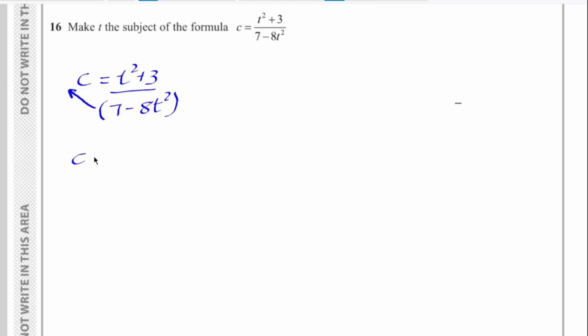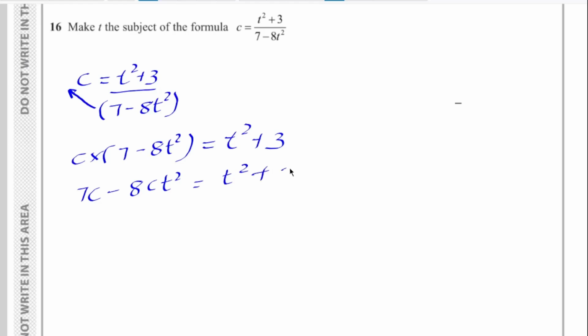So c times 7 minus 8t squared. You don't really need to write this one, but it is okay to write as well. Equals t squared plus 3. So let's multiply out the brackets. Let's expand the brackets. Then I'm getting 7c minus 8c t squared equals t squared plus 3.